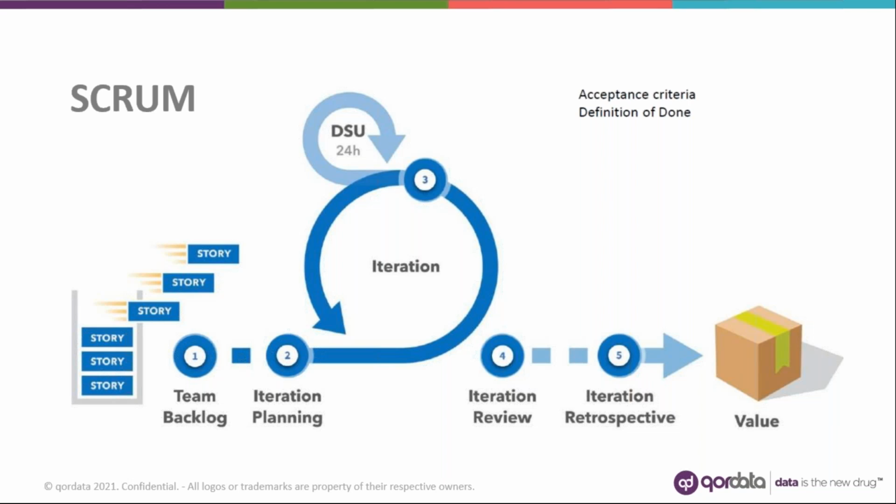During this development, there are two concepts which are very important: acceptance criteria on each user story, and also the definition of done. So if each story has good acceptance criteria, and we also have a definition of done for the developers working on the story or for the QA, then it means they are moving in the right direction and they know exactly what needs to be developed, as mentioned by the product owner.